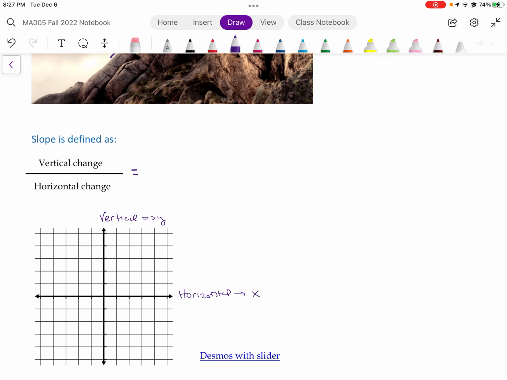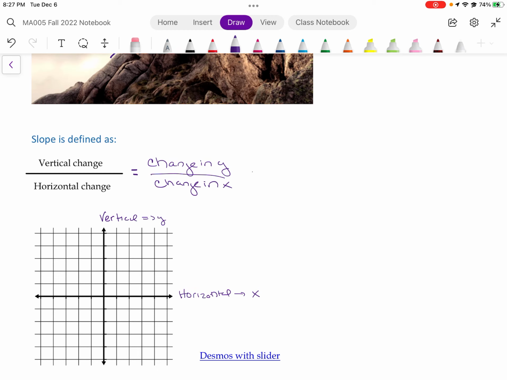So the vertical change, in other words, how much it goes up, over how much it goes over. So we'll say also the vertical change is going to be the change in y, over the change in x.